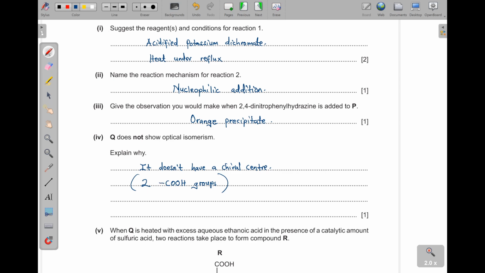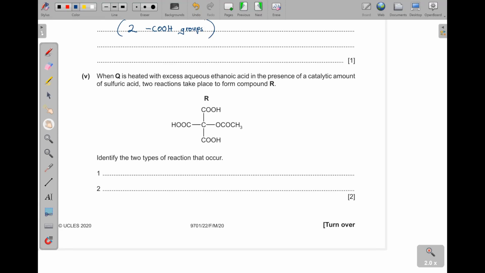So that is that. Then Roman 5, when Q is heated with excess aqueous ethanoic acid in the presence of a catalytic amount of sulfuric acid, 2 reactions take place to form compound R. This is compound R. Identify the 2 types of reaction that occur.